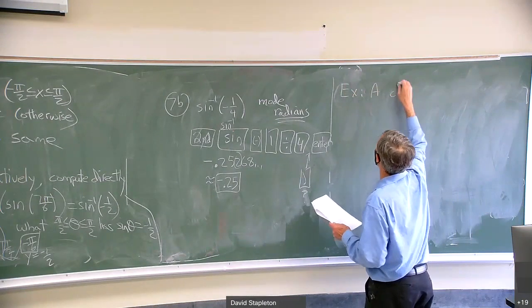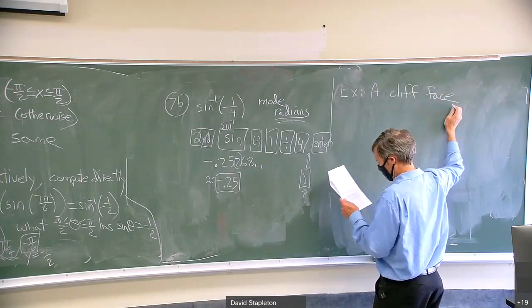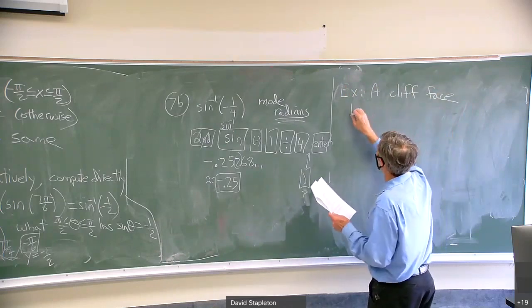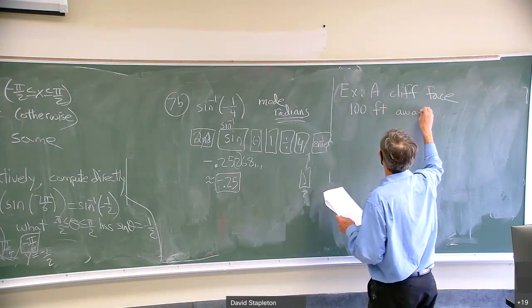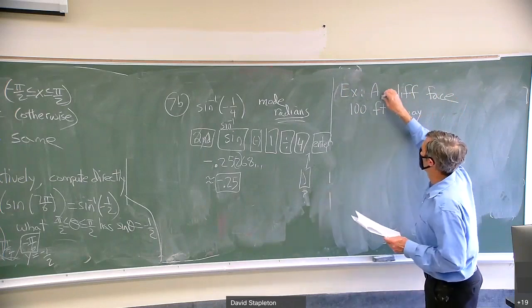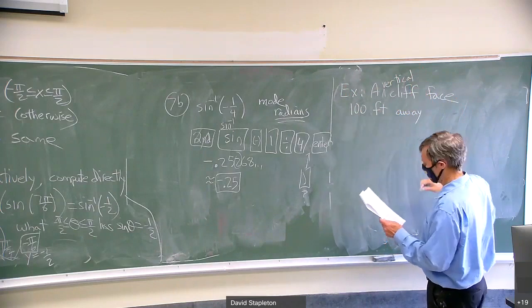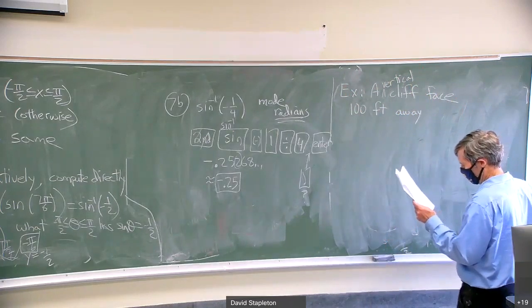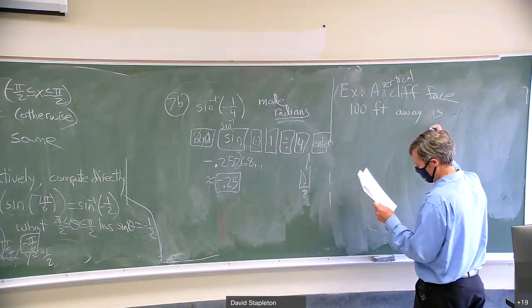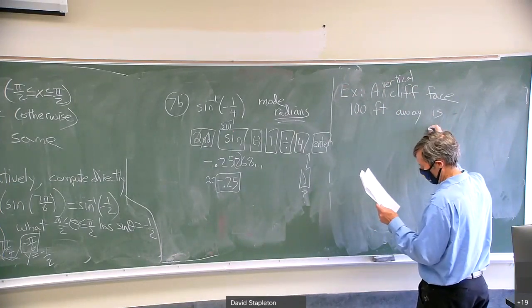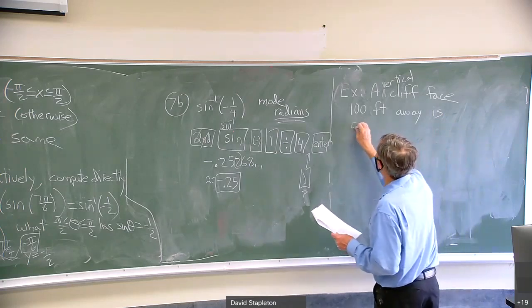Suppose I said a cliff face. This will be like number 8. 100 feet away, a vertical cliff face is 50 feet tall.